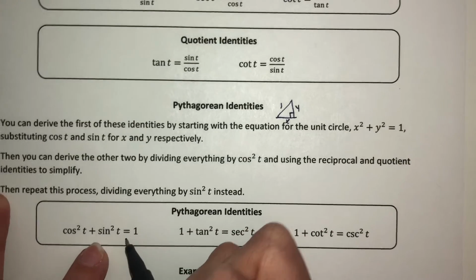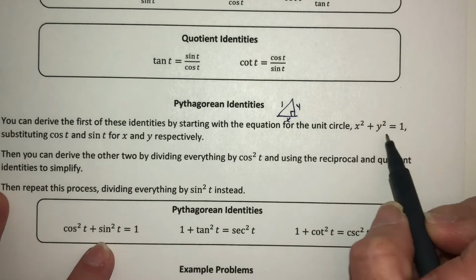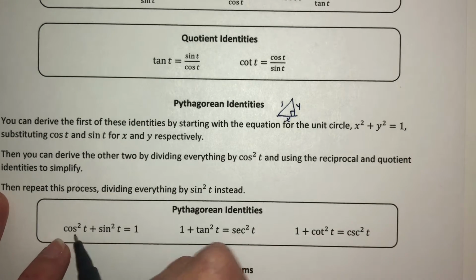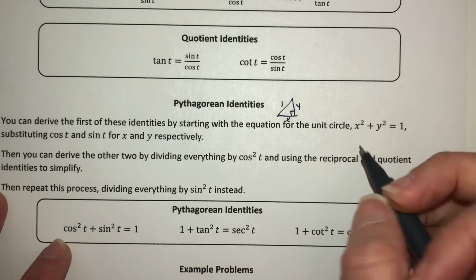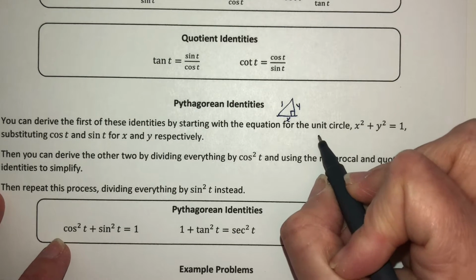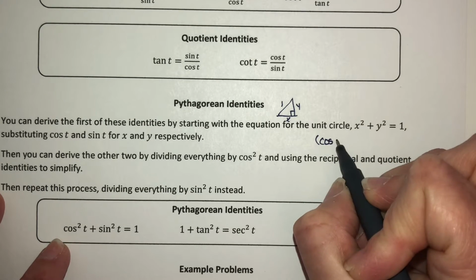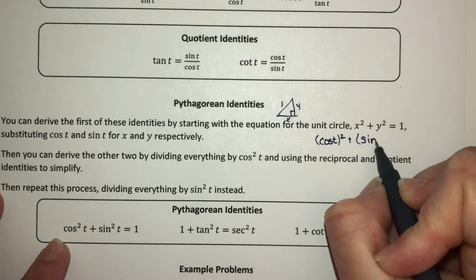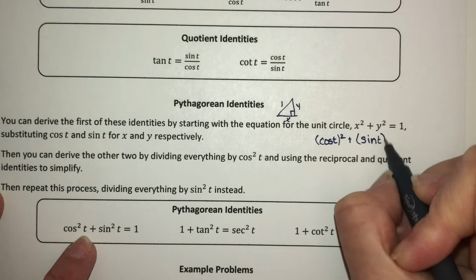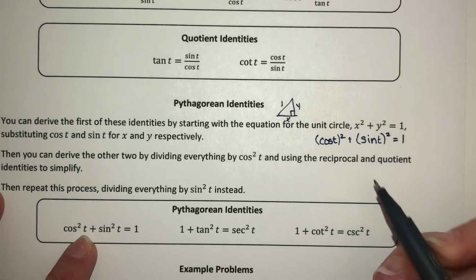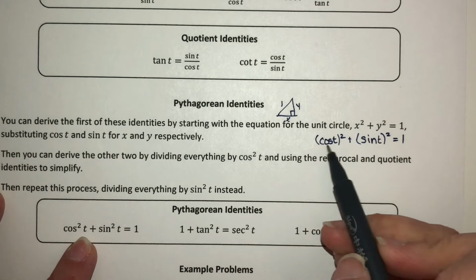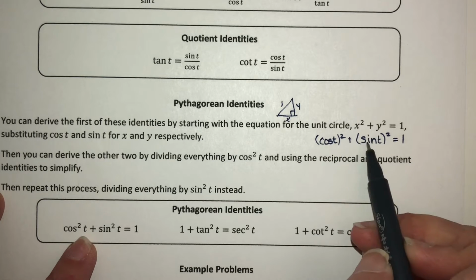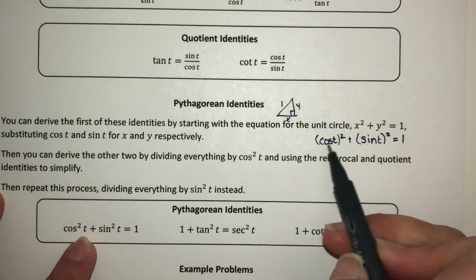So if we take what we know about sine and cosine, we know that if we are on the unit circle, our sine value is our y, and our cosine value is our x. If we just simply substitute that in here, we get cosine of t squared, because that's our x value, plus sine of t squared equal to 1. And then, as I've mentioned earlier, we don't normally write powers of trig functions this way.